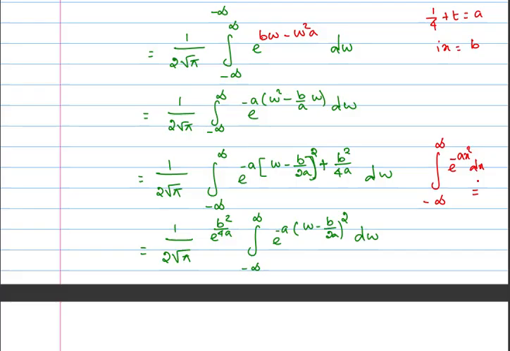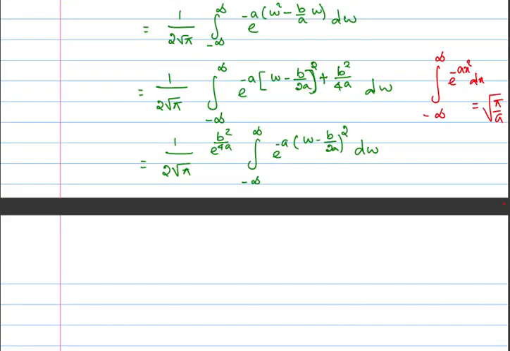Square root of pi divided by a. We already found it, because I already posted this video, please watch it. I will give the link in the description. So now I take a common quantity: u equals omega minus b divided by 2a, so du equals d omega.